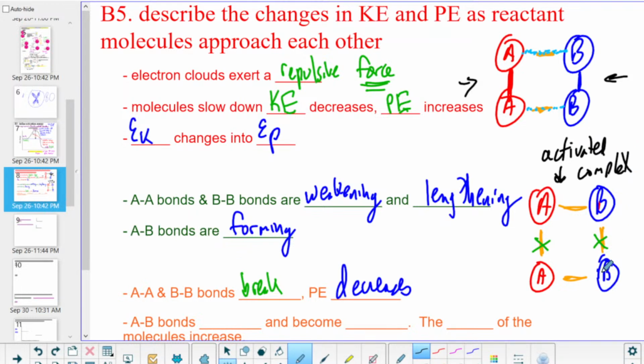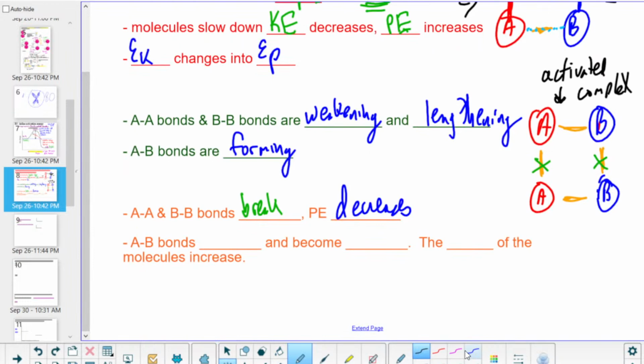That's a giant X for the end of that. Our AB bonds shorten and become stronger. And then we get more kinetic energy.